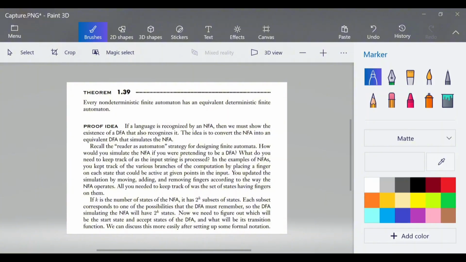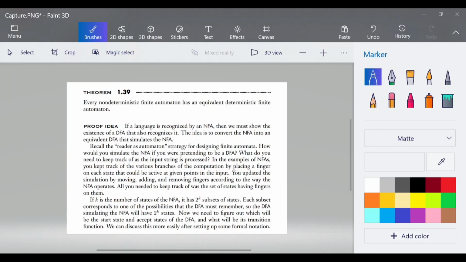In the example of NFAs, you keep track of the various branches of the computation by placing a finger on each state that could be active at given points in the input. You update the simulation by moving, adding and removing fingers according to the way the NFA operates.